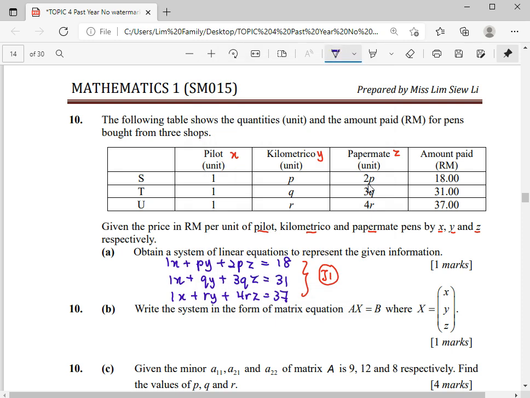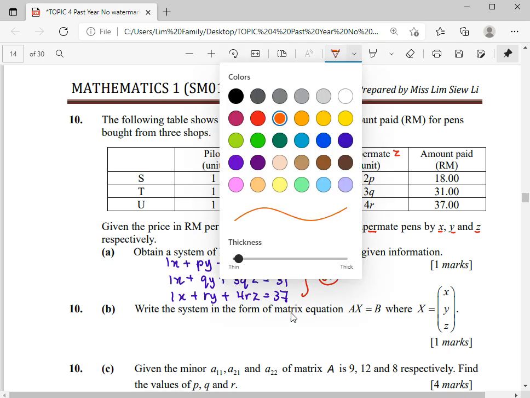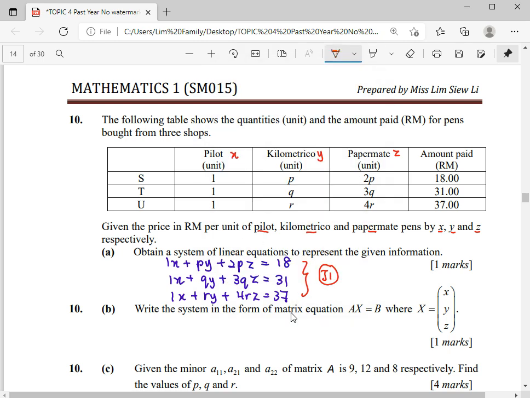After we form the linear equations, for question B they normally ask us to write them in matrix form. So you have to know what the question is asking about.